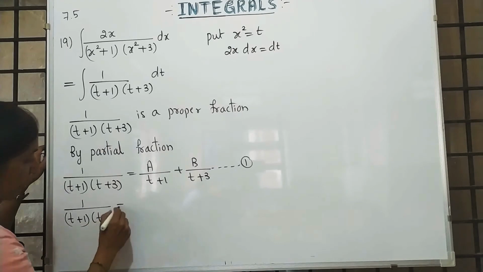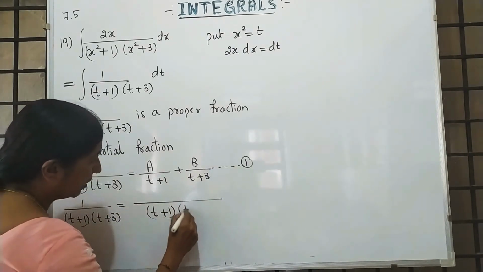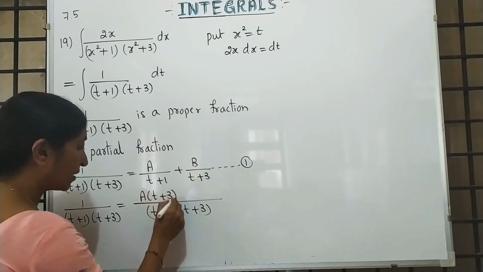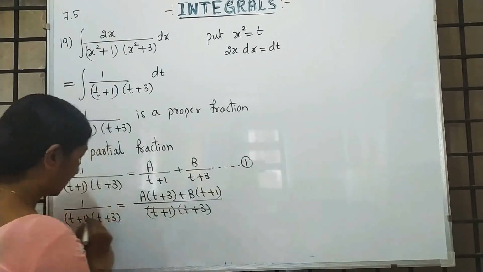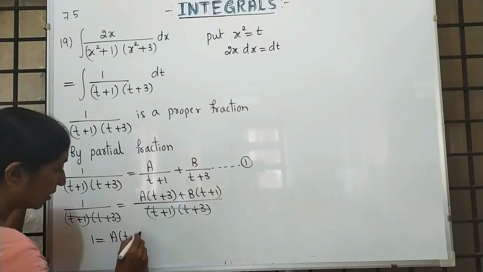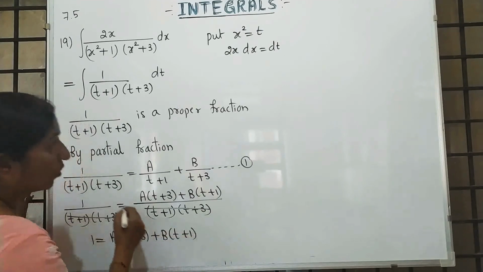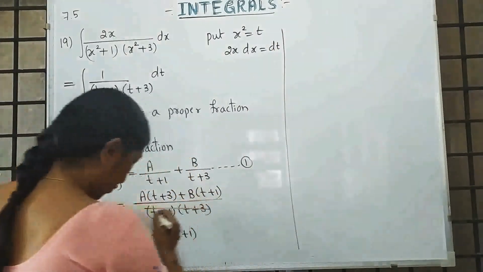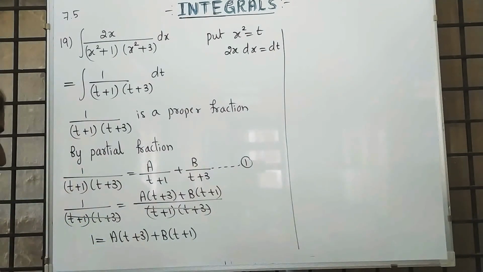Take the LCM on the right side: (t + 1)(t + 3). A is multiplied with (t + 3), B is multiplied with (t + 1). So 1 = A(t + 3) + B(t + 1), and already you are familiar, we have to select the linear equations on the right side one by one. So the first linear equation is t + 1.